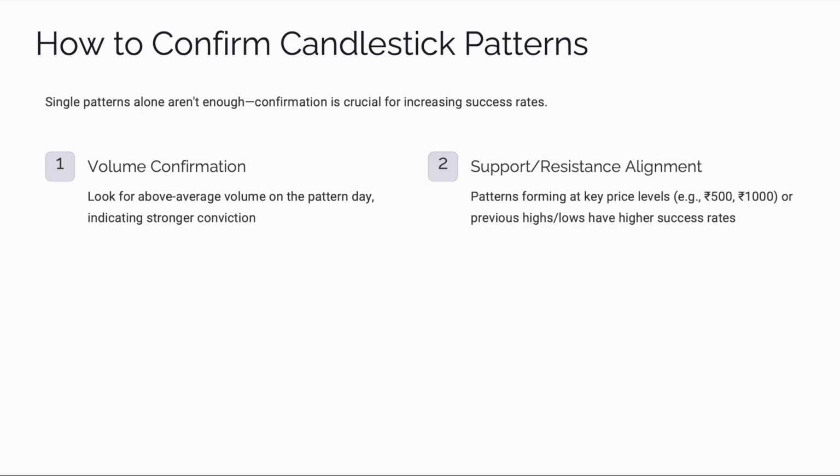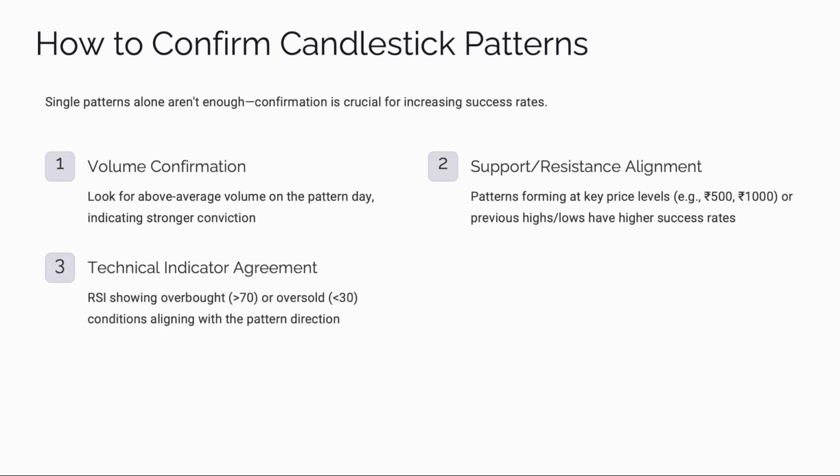Or you may look for support resistance alignment, so patterns forming at key levels or previous highs and lows have a higher success rate. In the further videos, I'll be explaining the technical indicators agreement, wherein, for example, I will be teaching you regarding RSI, and if an RSI is in an overbought zone or an oversold territory, how a pattern formed at that level can increase the success rate.